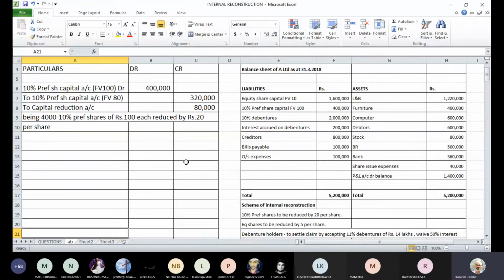At the same time, you will get a benefit of 5 rupees per share, because you are not going to refund this amount to the shareholders. This will be again credited to capital reduction account.